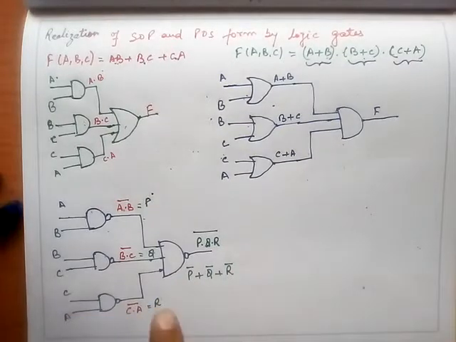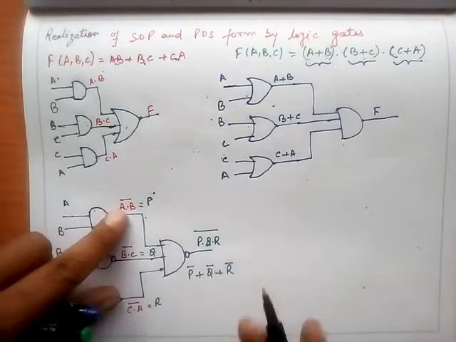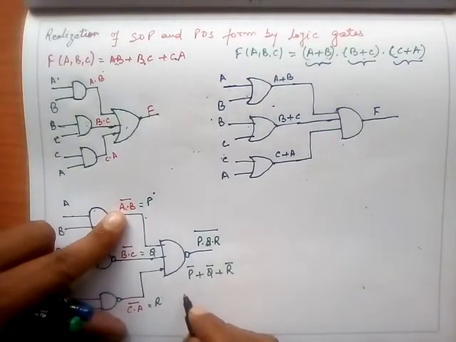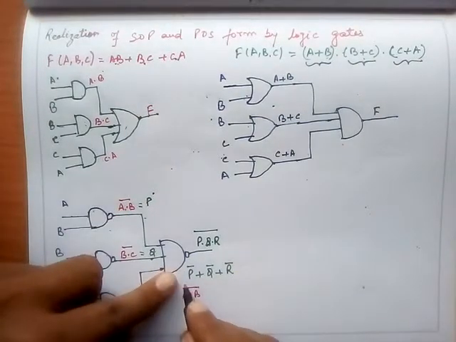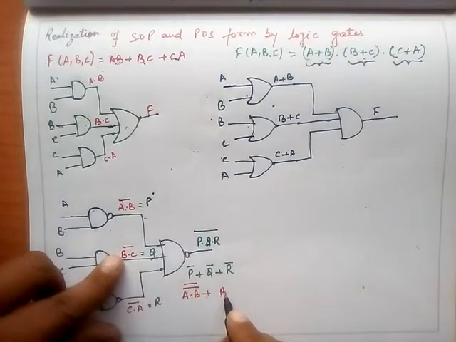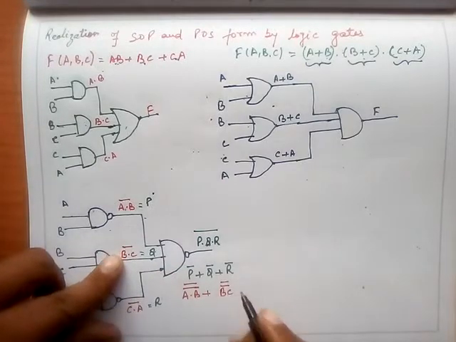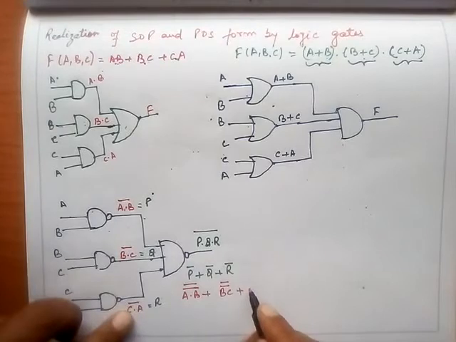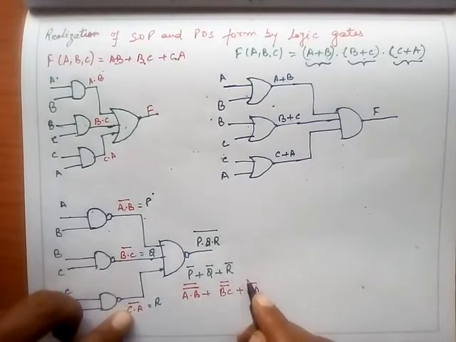And now I substitute the value of P. What is P? P is A dot B bar, but it is P bar, so it is whole bar, plus Q is BC bar, whole bar, plus R is CA bar, whole bar.